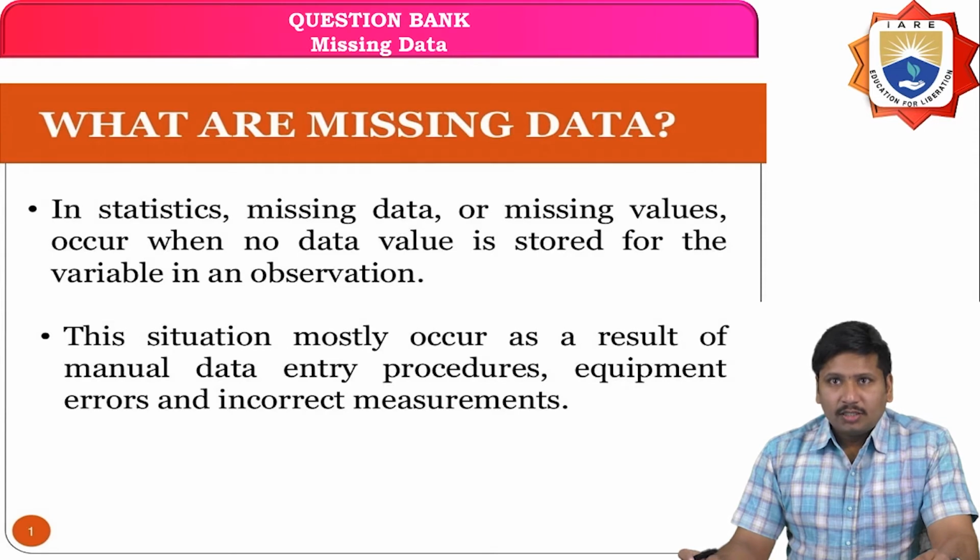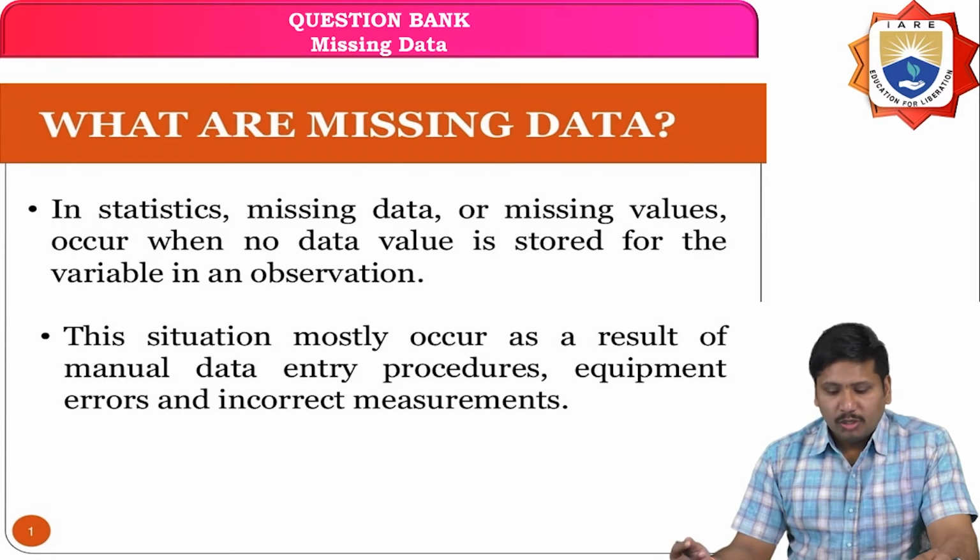So in statistics, missing data or missing values may occur whenever no data value is stored for the variable in an observation. This kind of situation mostly occurs as a result of manual data entry procedures, equipment errors and incorrect measurements.